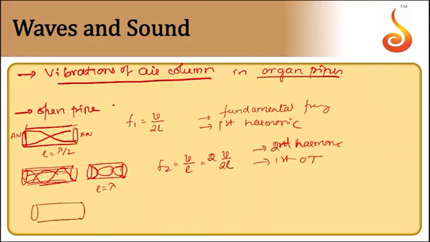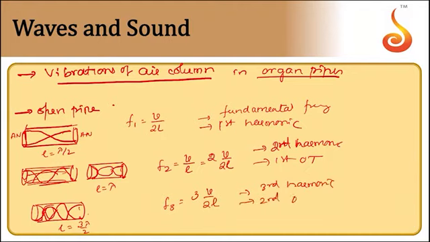And in the next mode, we can represent it like this. We have 2 loops in between, like this. Now clearly it's going to be L is equal to 3 lambda by 2, and thus F3 is equal to 3 times V by 2L, that is third harmonic or second overtone.